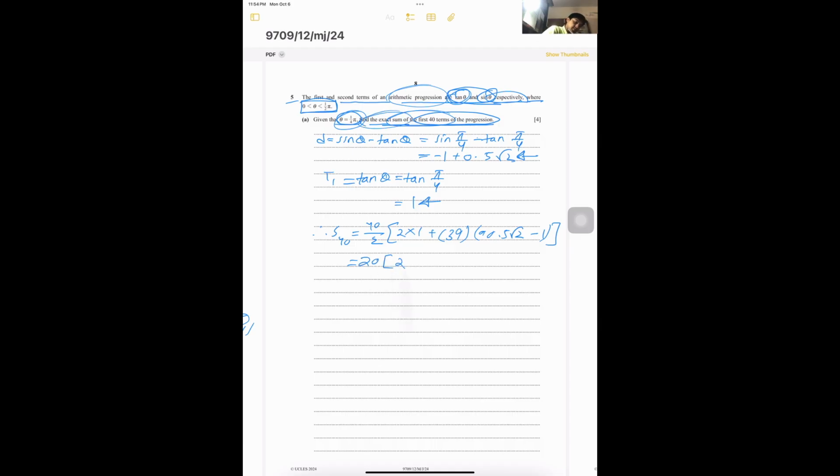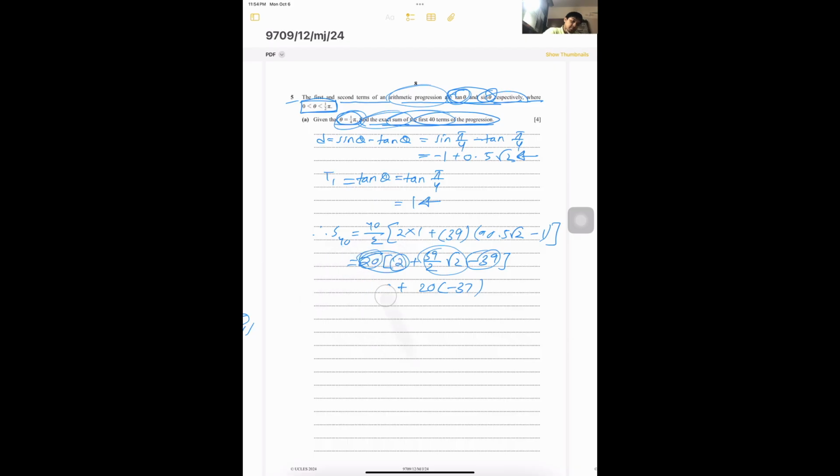So 2 plus 39 by 2 root 2 minus 39, 20 into 39 by 2 root 2, let's cancel the root 2 part, so multiplying this and this, we have 390, and plus 20 into 2 minus 39 is minus 37. So finally we should have 390 minus 20 into 37, which is, oh my god, I've done a mistake.